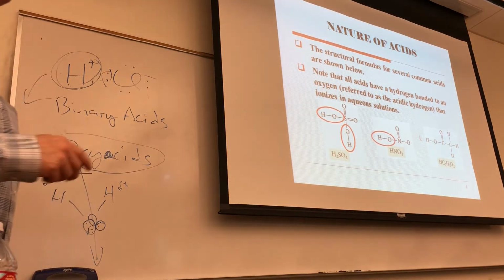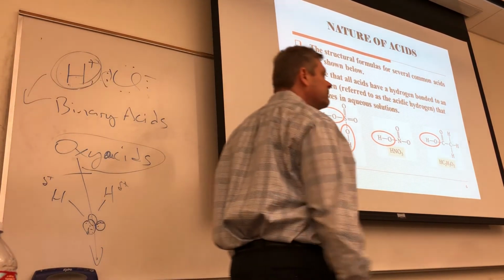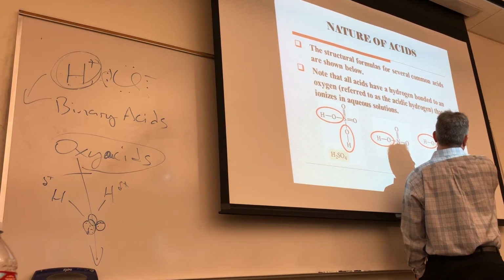Oh, good, David. Go ahead. When you talk about electron density, does that have anything to do with formal charges? Yeah, absolutely. Did we do formal charge in 101? Yeah. So here, what is the actual charge on this?